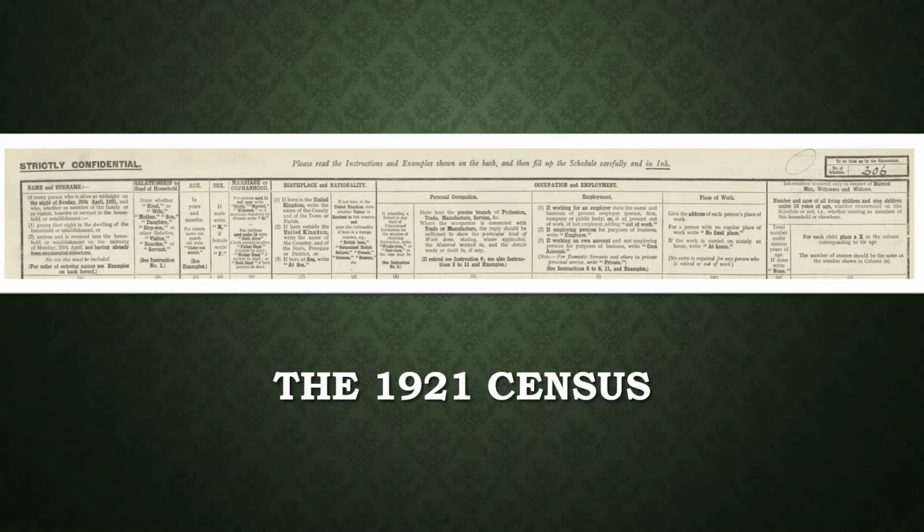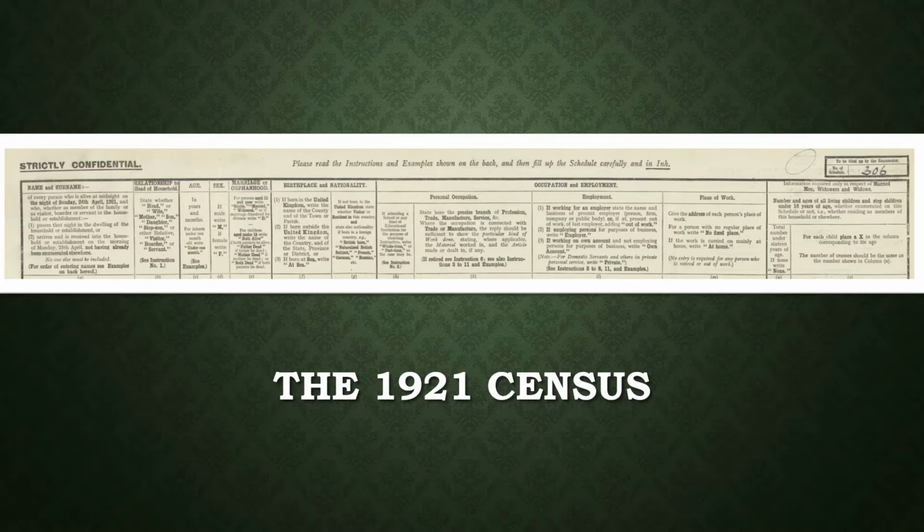And then the second column, as before, is for putting in the relationship of each person to the head of the household, whether this is a family relationship or a visitor, boarder or servant. And we then have age. Now, there is a change in this census in that age is given now in years and months rather than just years. And this can help in giving us a more specific date of birth.